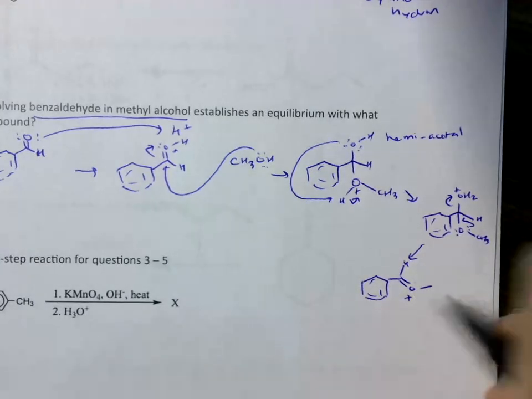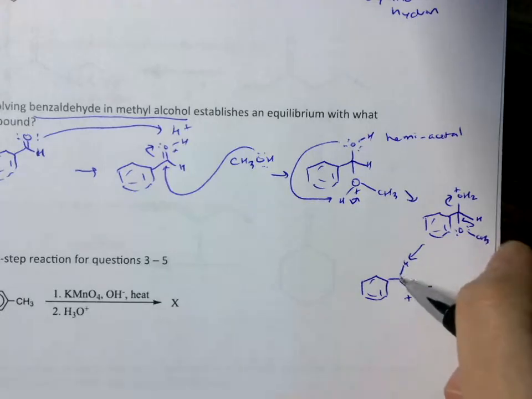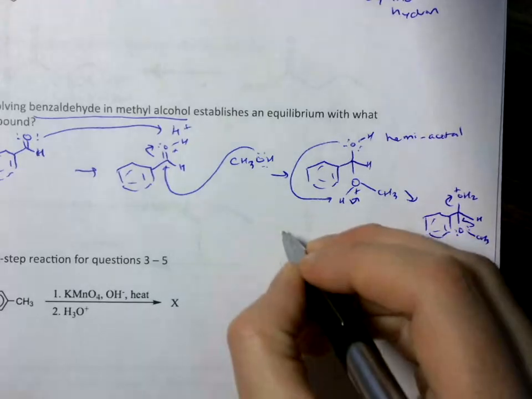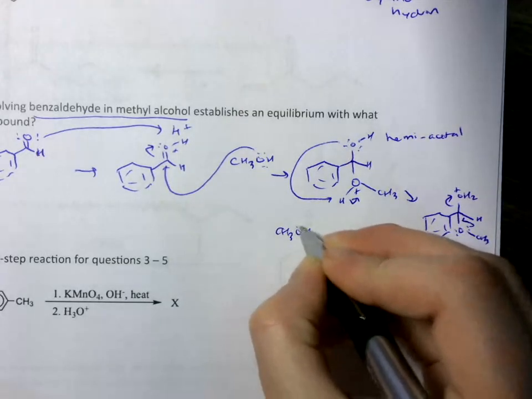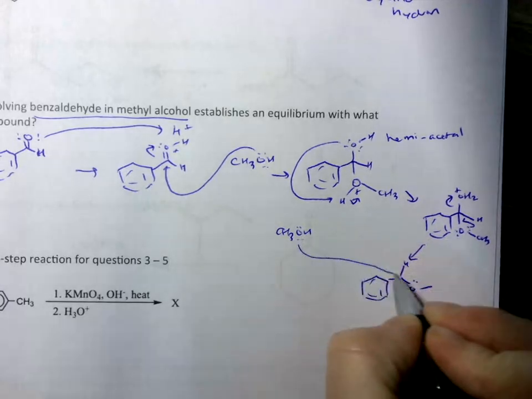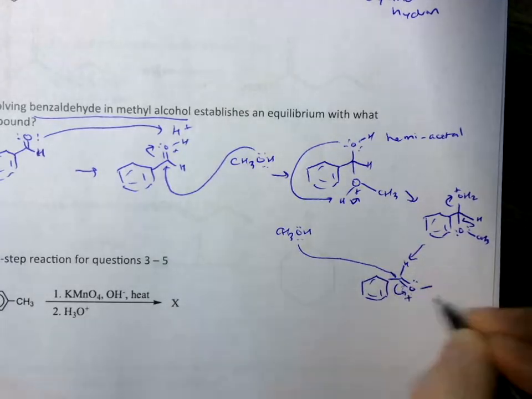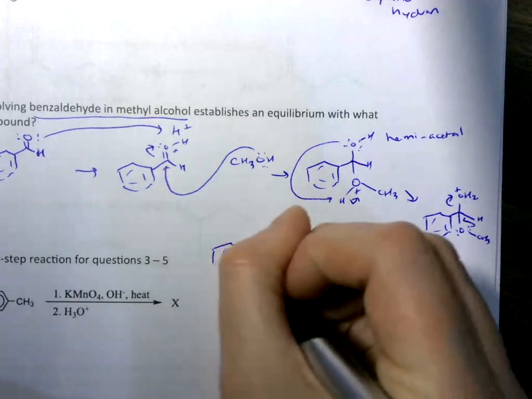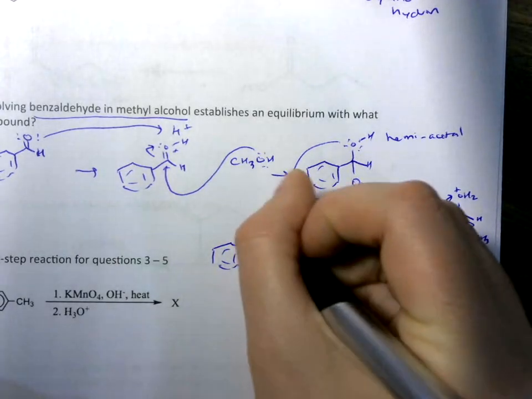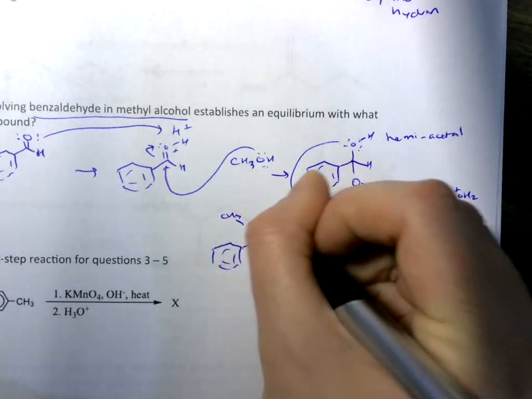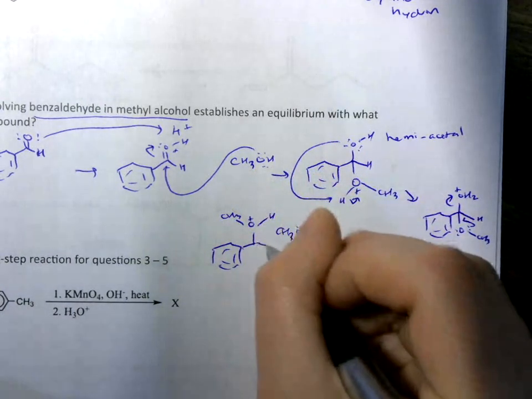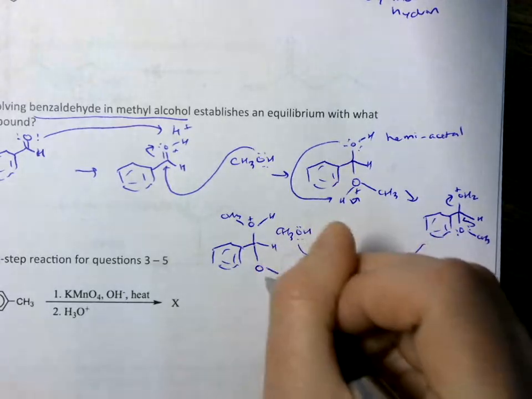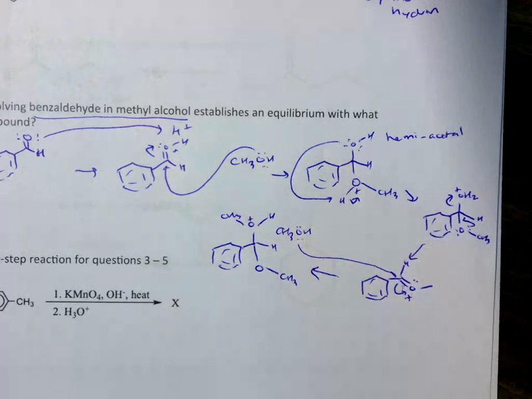As you can guess, that is not the most stable, and it is in resonance with another structure that has the lone pair up here, and this being positively charged. So another one of your alcohols would attack, and this bond would break, and you would get OCH3 with your H, and it's positively charged, and on the other side your O with a CH3 bonded there.